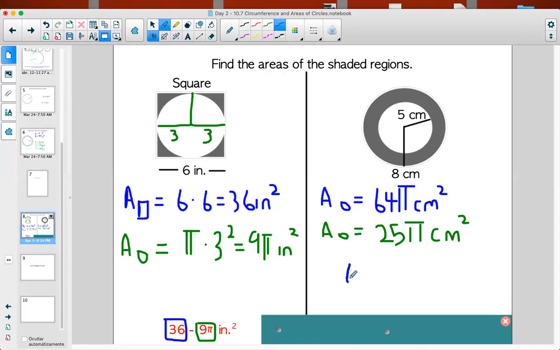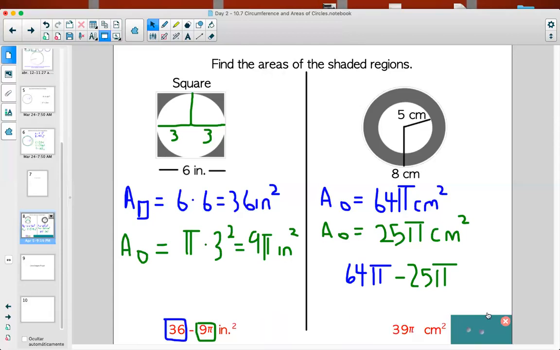So notice how they're both numbers with a pi in it, and because they have like terms, meaning they both have pi, we can actually simplify. So just kind of think of it as 64 minus 25. Again, you can use a calculator, and then this one's going to simplify down to 39 pi.